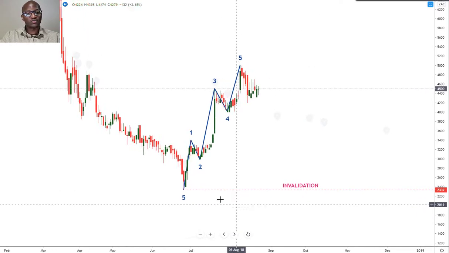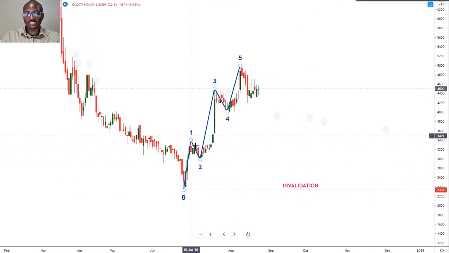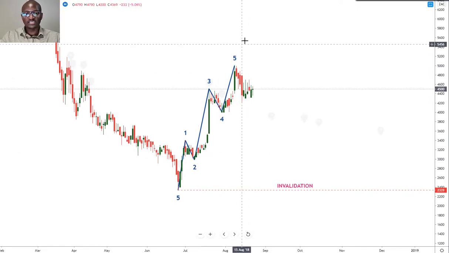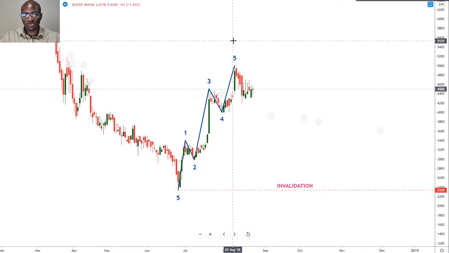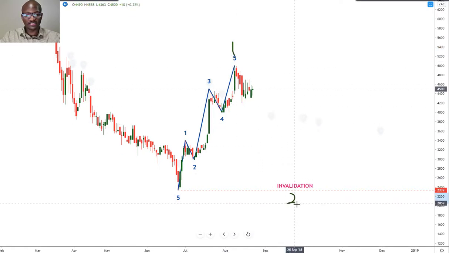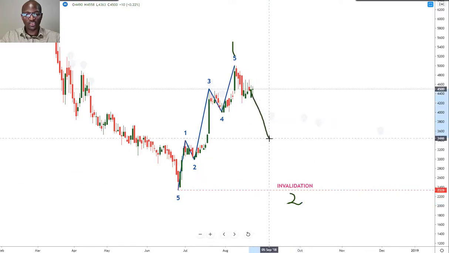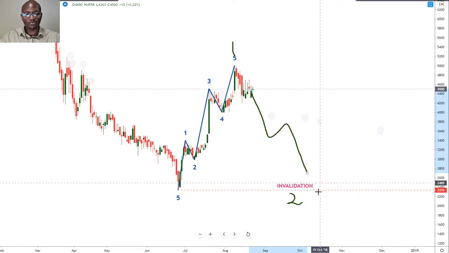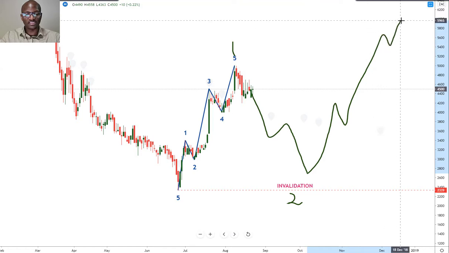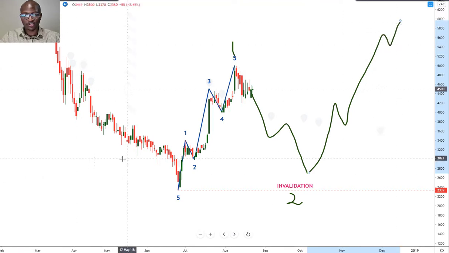It means since I've labeled this as a 5-wave advance, according to the Elliott wave rules, if this is now wave 1, wave 2 should not terminate below the low of wave 1. So wave 2 can pull back, but it cannot break below 2339 before we start to see an advance again. So that is what is meant by invalidation.